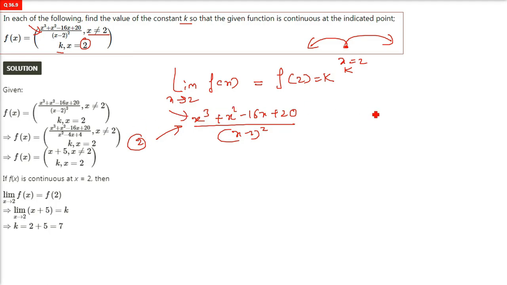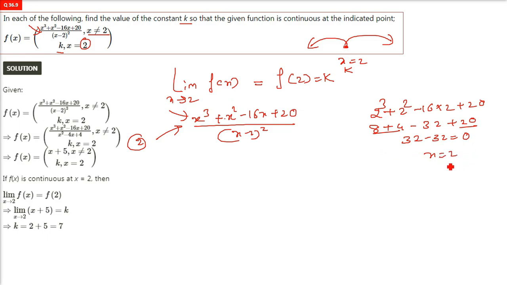So what do we get? 2 cube plus 2 squared minus 16 into 2 plus 20. This is 8 plus 4 minus 32 plus 20. 20 plus 12 is 32. 32 minus 32 is 0. So x equals 2 means that basically x minus 2 is a factor.